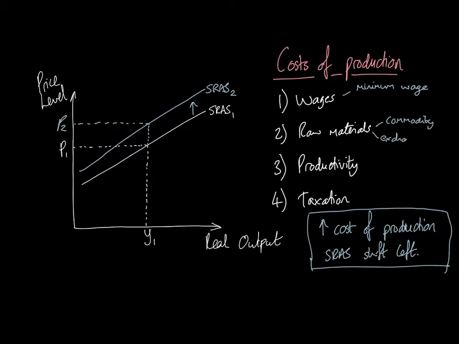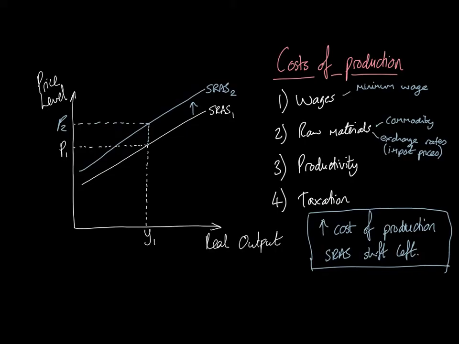And another really important factor here, and one that can get you some really good analysis and evaluation marks in exams, is to think about the impact of exchange rates on raw material costs, because exchange rates have a big impact on import prices within the economy. So if a currency were to weaken, then anything imported would become more expensive.